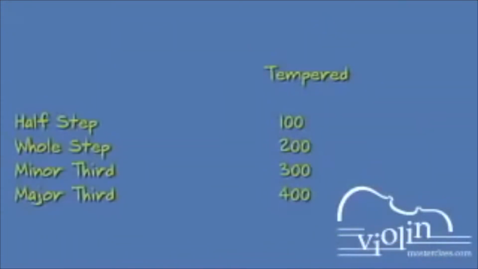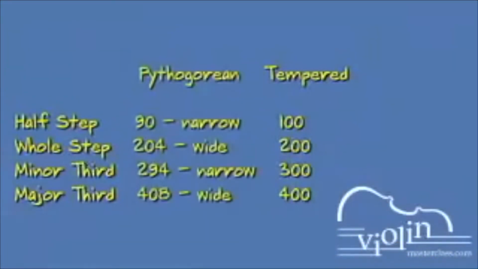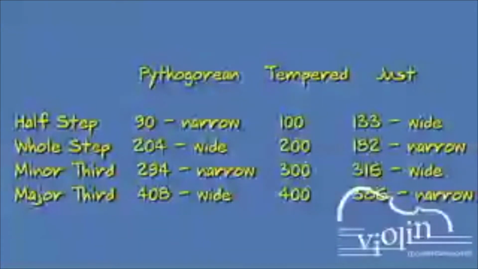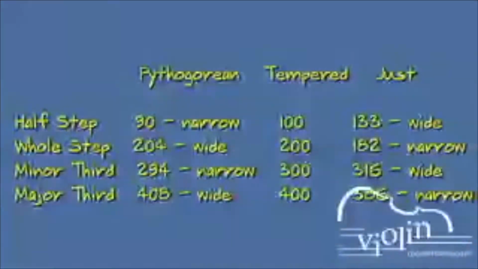This creates a compromise between the large whole steps and narrow half steps of the Pythagorean system and the narrow major thirds and wide minor thirds of just intonation. This arrangement of pitches makes it possible to play in all keys on the keyboard. The printable chart shows the mathematical differences between all three intonation systems: Pythagorean intonation, just intonation, and equal temperament.